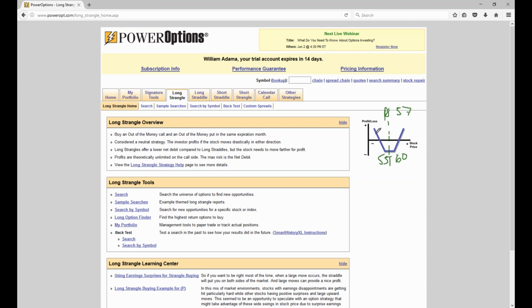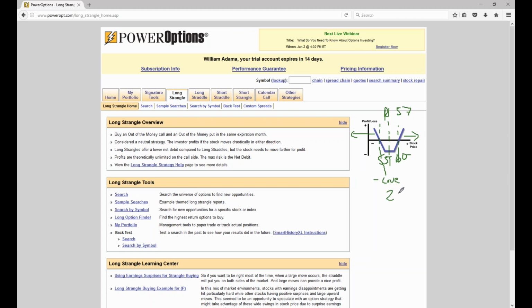The reason is I want to profit if the stock collapses or if it moves up. By going out of the money, you pay a lower cost basis, a lower debit, but you have a wider range to break even. Not only do you have to cover the debit, which you do in the long straddle too, which is more expensive, but now you've got to cover the movement to the strike.